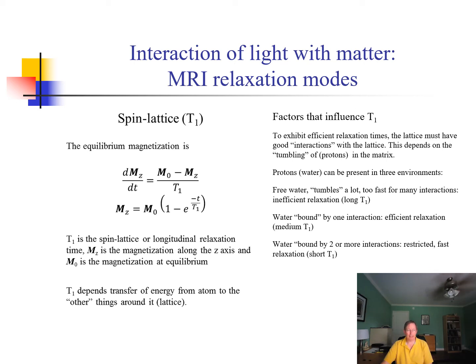What does this mean? A hydrogen atom is ubiquitous within pretty much all tissues, and so it's the basis for a lot of our magnetic resonance imaging. That hydrogen has two states that are degenerate in the absence of a magnetic field. I put the tissue into a magnetic field, that degeneracy is removed, and I have a gap between them.